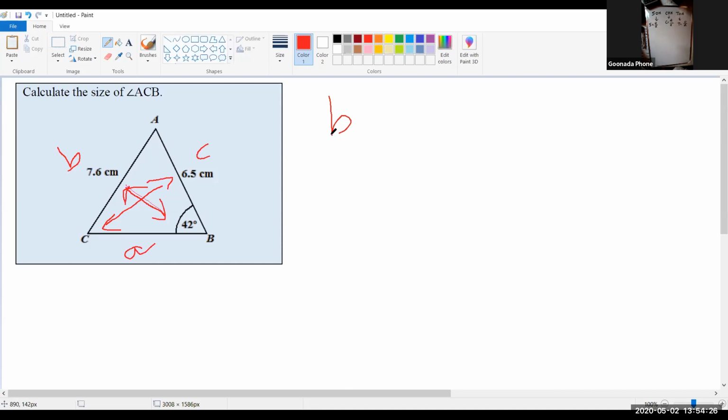So B over sine B is equal to C over sine C. Agreed? Agreed, people? Yes, sir. Right, thank you for answering. You'll get me annoyed and not answering in class.